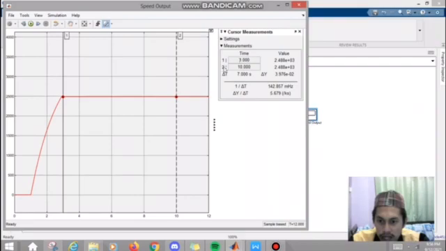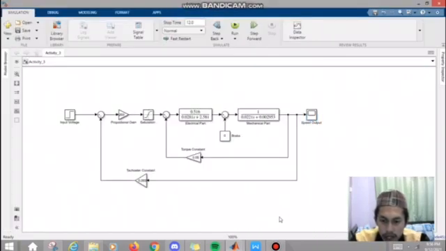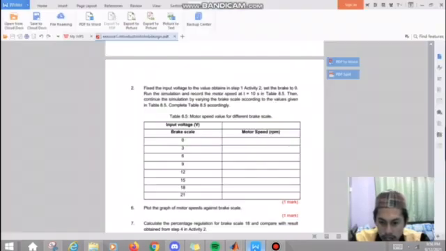So we set the measurement here at 10 seconds. The value of the motor speed is 2488 RPM, so we can write it into the table.